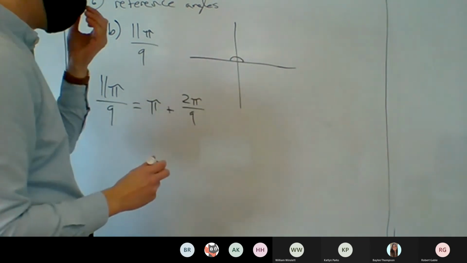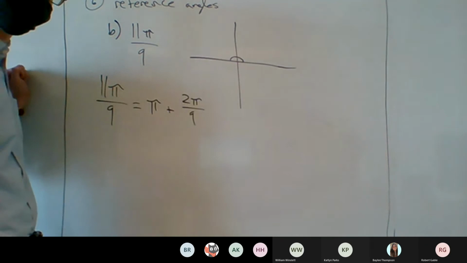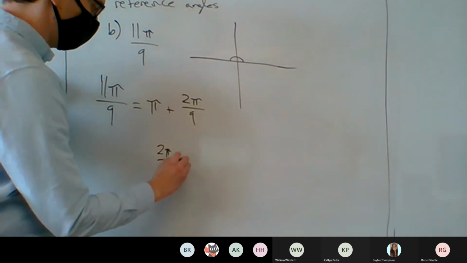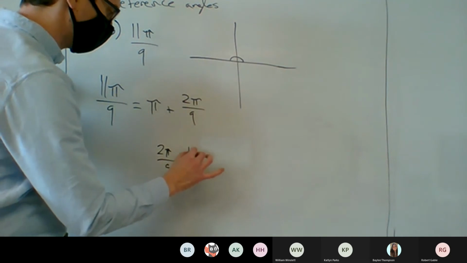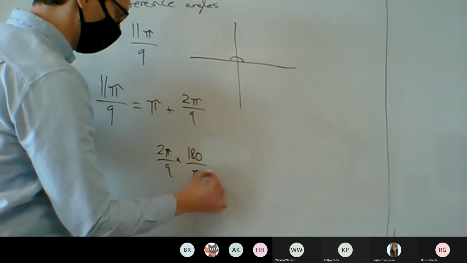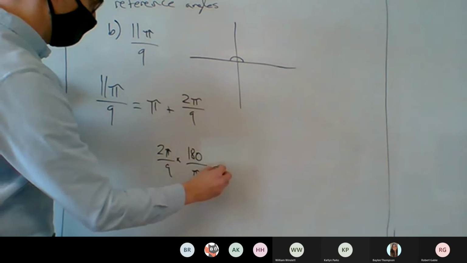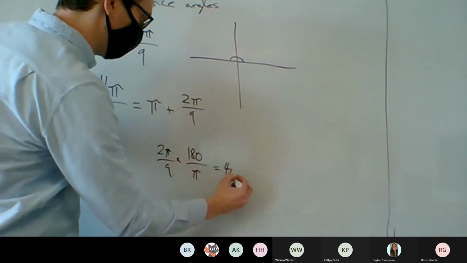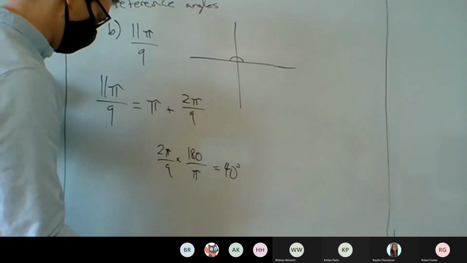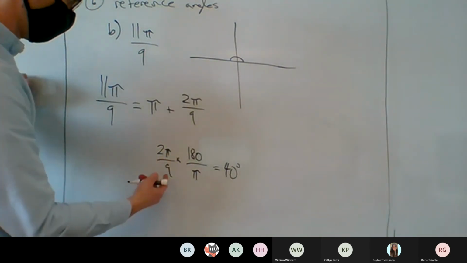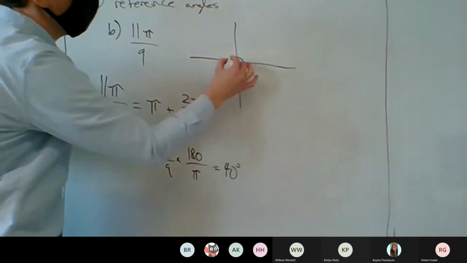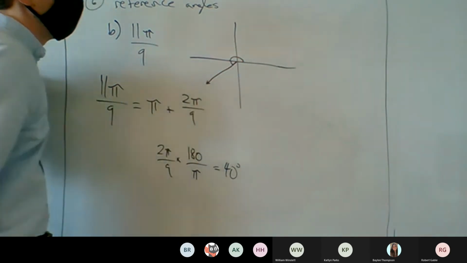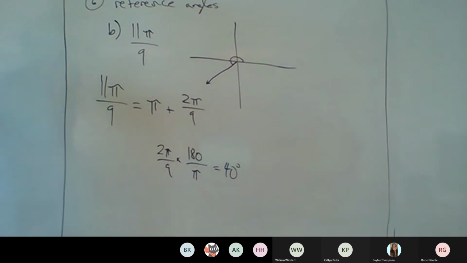And then a little bit further, and if I really wanted a good idea of where this is, I could even convert this little part to degrees, which would end up being, I believe, 40. Is that right? I think that's right. Let's see. Yes. So it's 40 degrees past down here, so somewhere like there. So there's my 11 pi over 9.